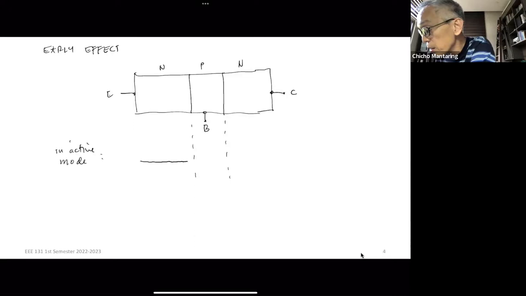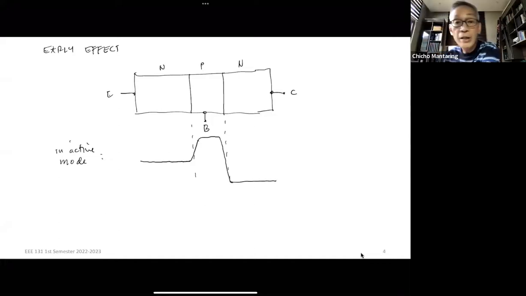At my emitter-base junction, I'll have a depletion region, and at my collector-base junction, I'll also have a depletion region. There's going to be more band bending in the collector-base because of the large reverse bias between my collector and my base. On the other hand, usually the emitter-base is forward biased, so my built-in potential will become smaller. Now this W is your effective base width.